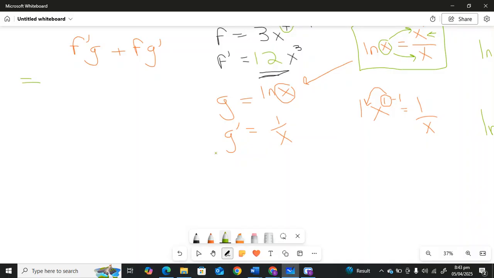F prime is 12x cubed. G is the natural log of x, plus F is 3x to the power 4. G prime is 1 over x.